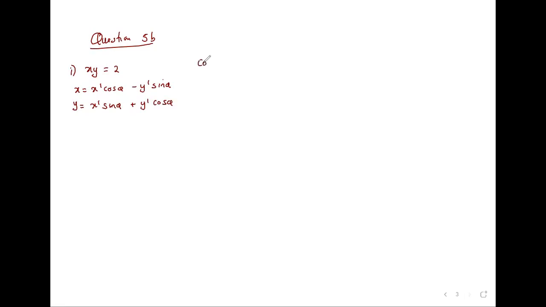If we use cot 2 theta, we must have (a minus c) over b. In this case, a is 0, b is 1, and c is 0. So we get a minus c to be 0 over 1, giving us 0.